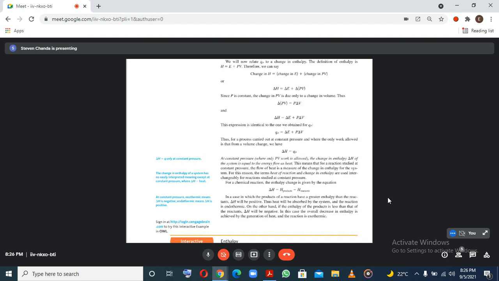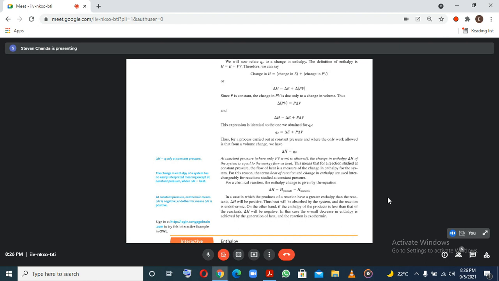Okay, so now this is very, very important because it tells us that the change in enthalpy is equal to the heat at constant pressure. So at constant pressure, the change in enthalpy of a system is equal to the energy flow as heat.